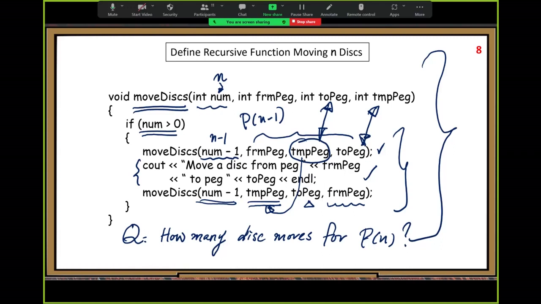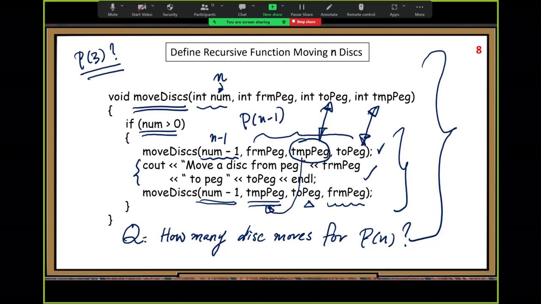We didn't calculate that. So how many disk moves, total disk moves, do we need in order to solve P of n, size n? How many disk moves do we need for P of 3?